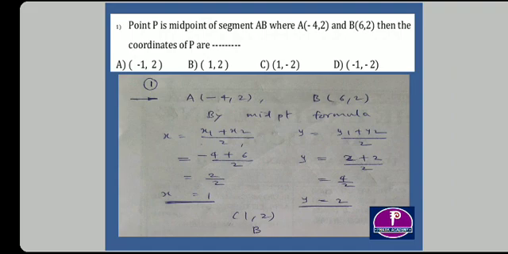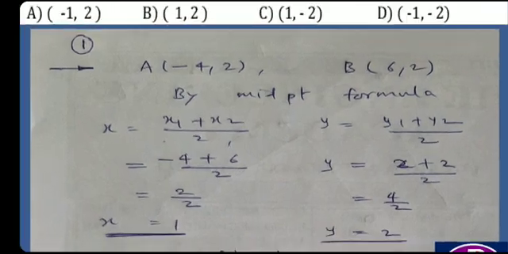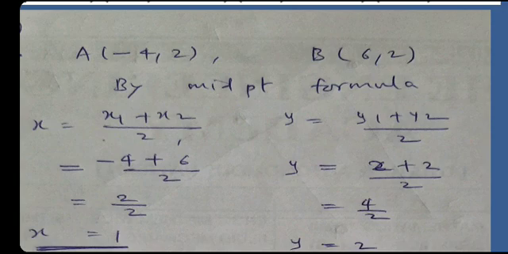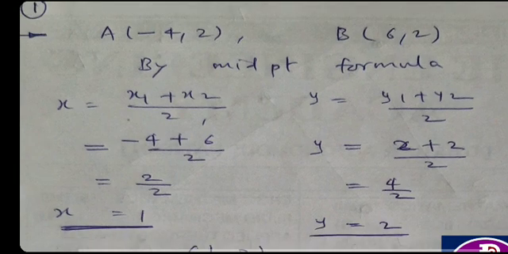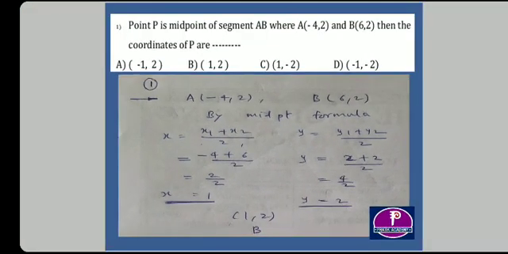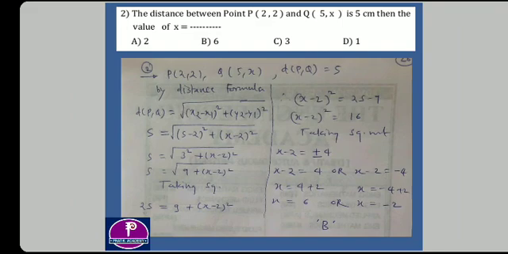Then find the coordinates of point P. As P is the midpoint, by using the midpoint formula, we have x is equal to (x1 plus x2) upon 2, y is equal to (y1 plus y2) upon 2. Putting the values here, we get x is equal to 1, y is equal to 2. So option B is the correct one.